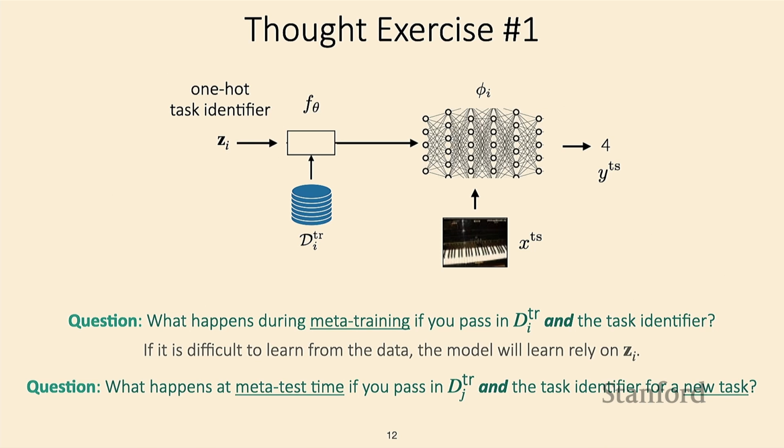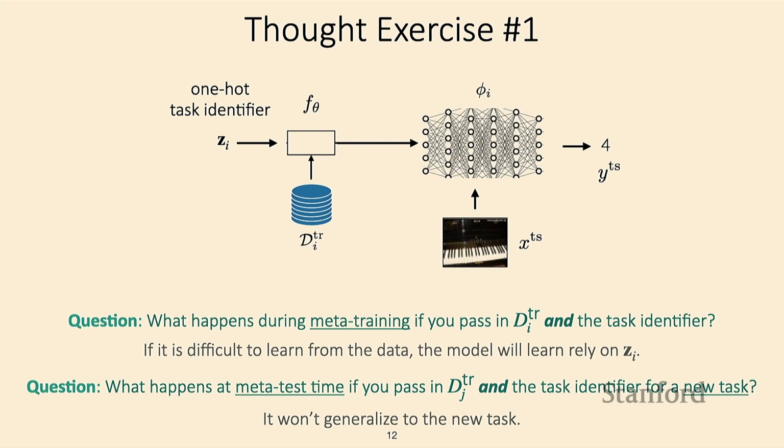Performance would probably be really terrible because it would try to rely on the task identifier again, but since it's a one-hot representation, it has no correspondence with any of the ones it's seen before. Yeah, so the answer was the performance would probably be terrible because the one-hot vector for the new task is different from any it saw before, and because it's relying on that, it wouldn't be able to perform the new task. So in sum, it won't generalize to the new task.